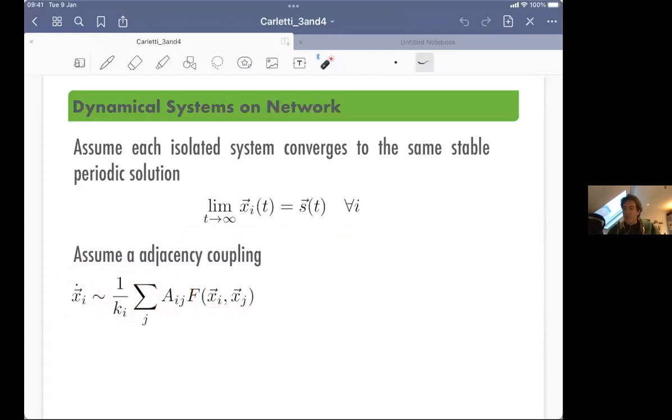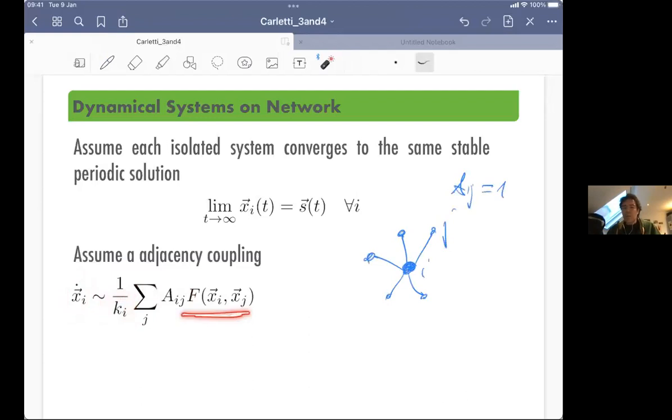So this formula means you take one node i, you consider all the neighboring nodes j, such that A_ij is equal to 1 because they are connected, and then you, in some sense, average the quantity that this node receives by dividing by the total number of connections.